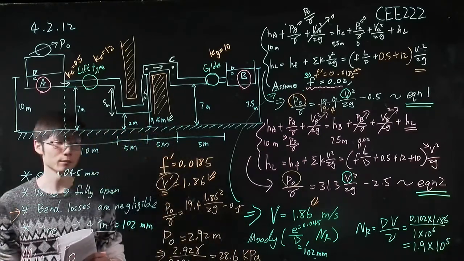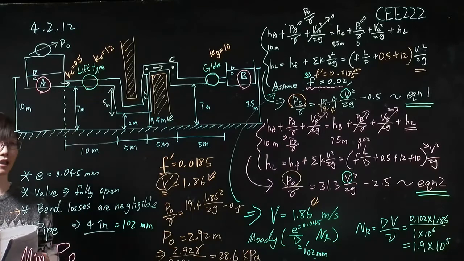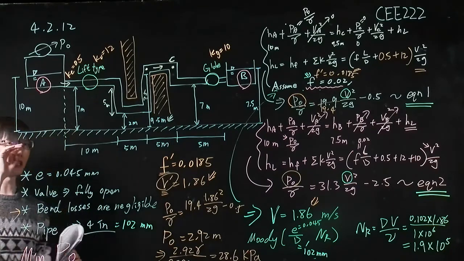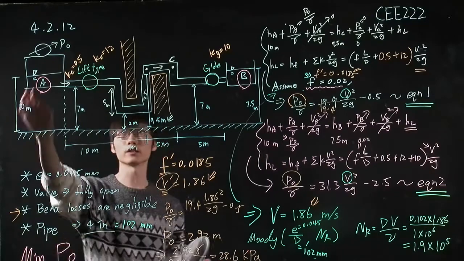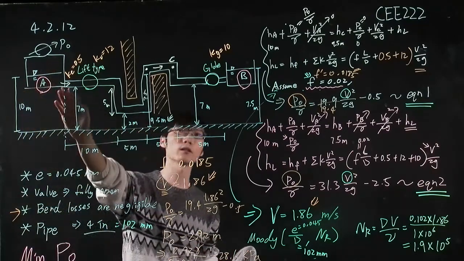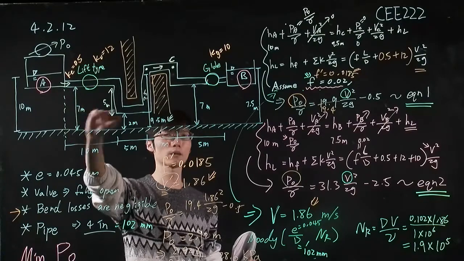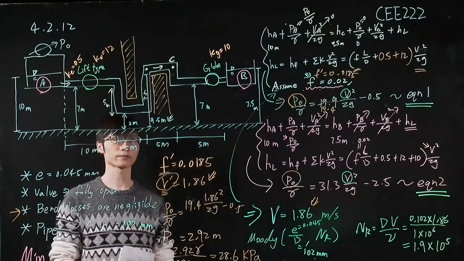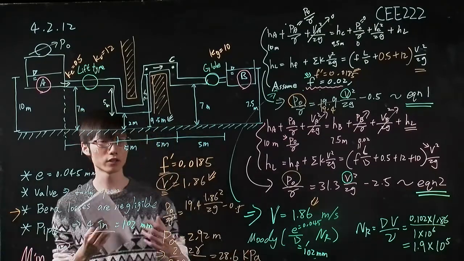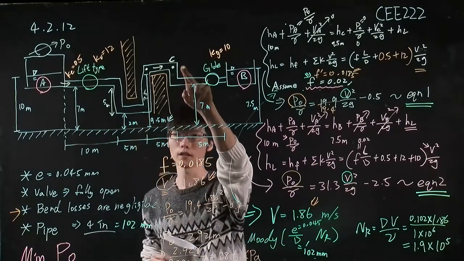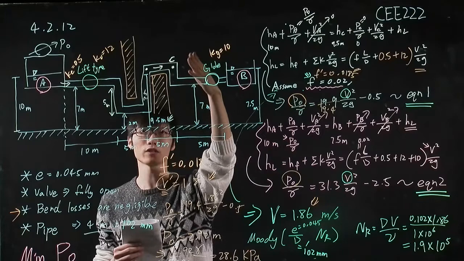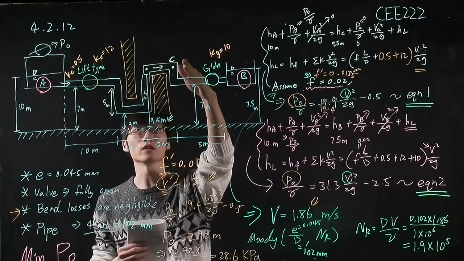Okay, I know it's kind of a maze right now, so let us quickly review how we view this problem. The problem asks us to solve the minimum pressure at these points to ensure that the pressure in this entire pipeline is positive. And according to our knowledge, the highest location will have the lowest pressure.